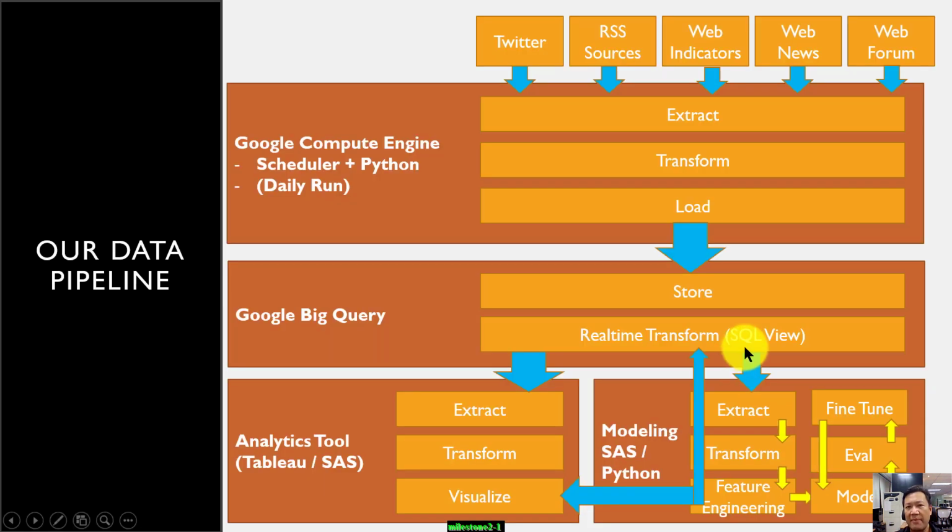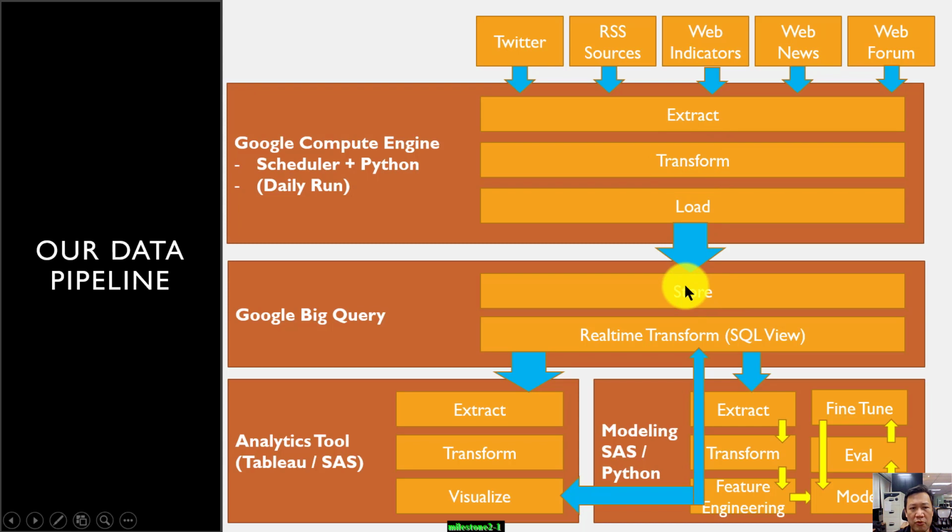Okay, so this is our data pipeline. As you can see from the top here, all the various sources from the internet will be pulled into Google BigQuery through our scheduler. So we have virtual machines and Python scripts to extract the data, and we transform it to clean up some data, do conversions, and use regular expressions to extract the important and necessary information.